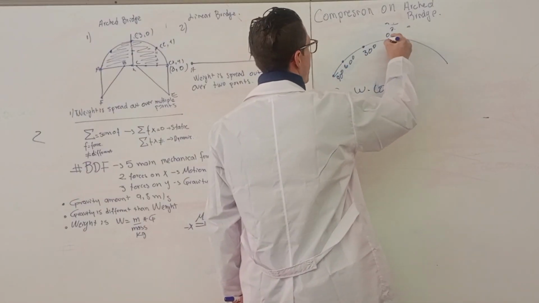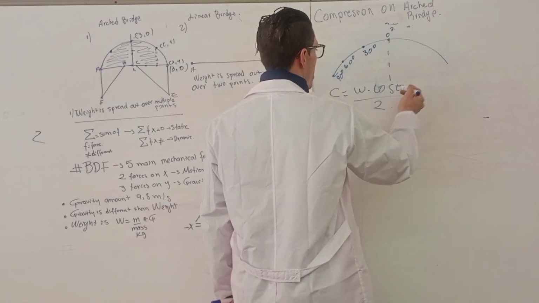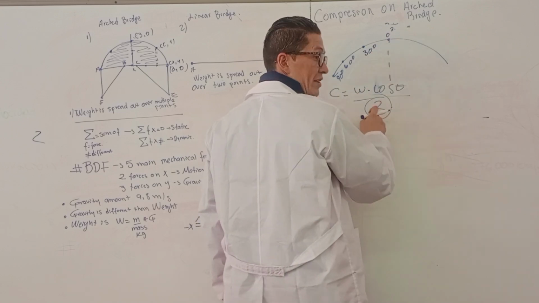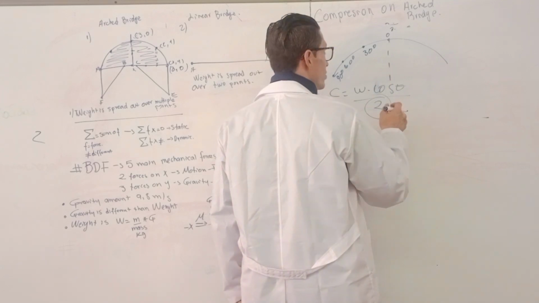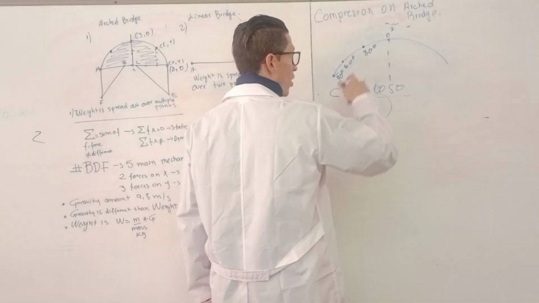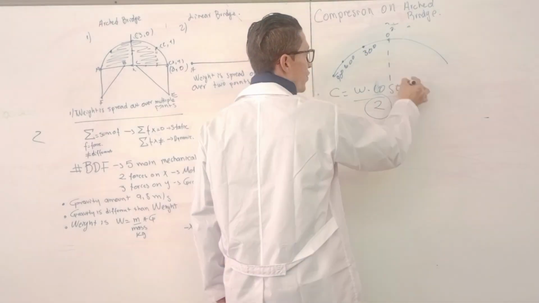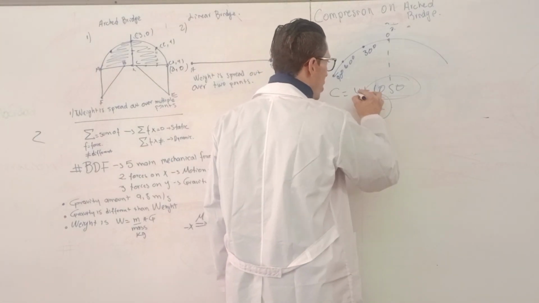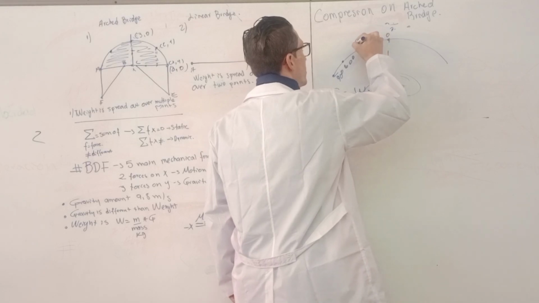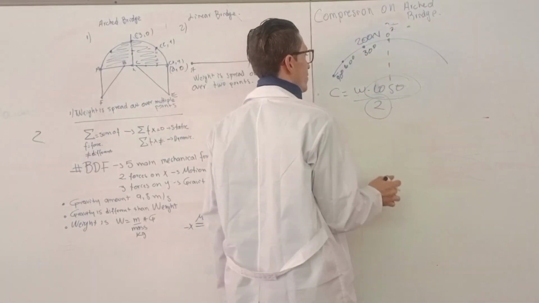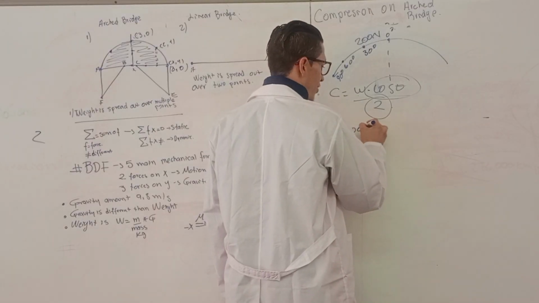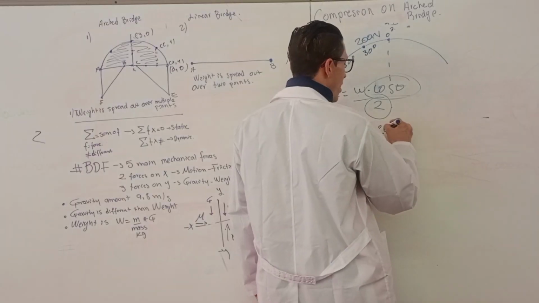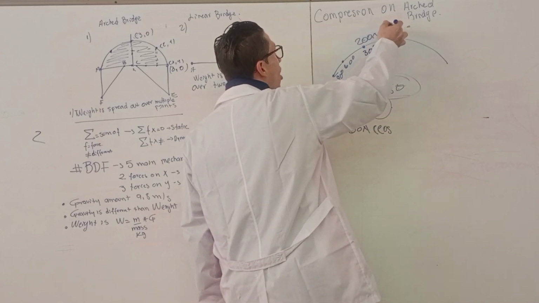And here, compression on the arch bridge. This is saying that this arch will divide by 2 the load or the weight, but you have to multiply this by the cosine. Then compression is equal to weight. Here the weight is 200 newtons, by cosine of theta, the cosine of the angle.